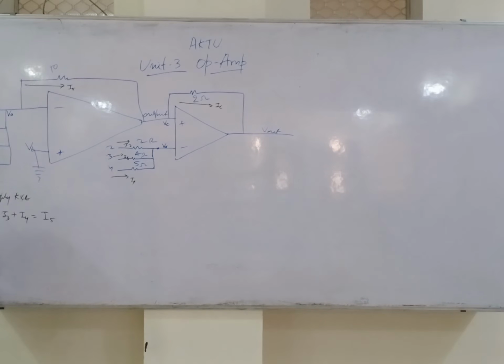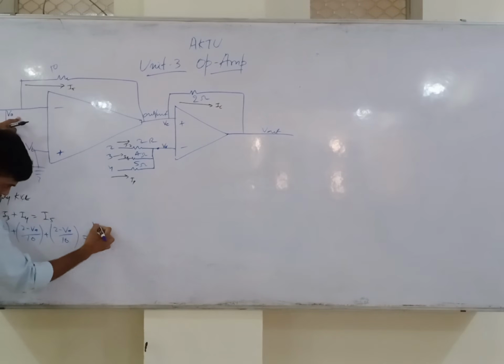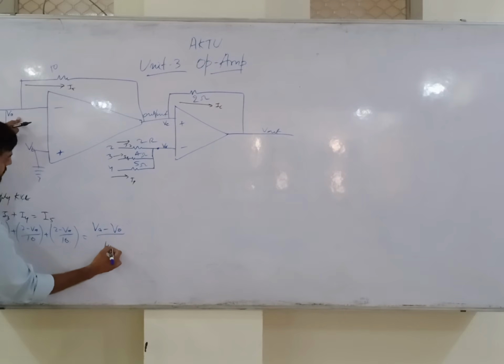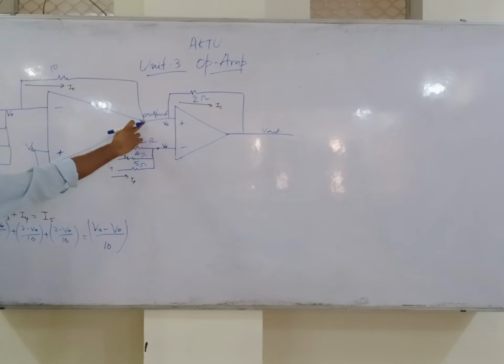So 2 minus VA upon 10 plus 2 minus VA upon 10 plus 2 minus VA upon 10 plus 2 minus VA upon 10 is equal to VA minus V output upon 10.